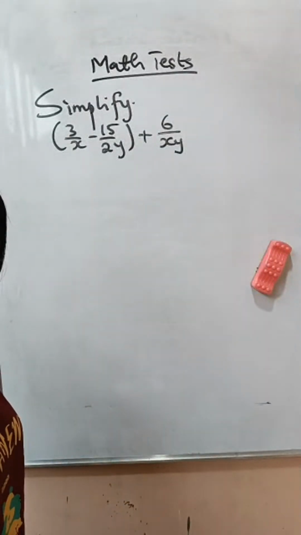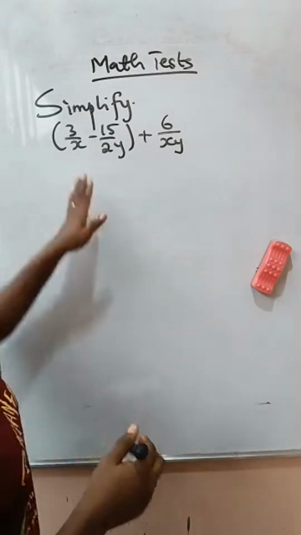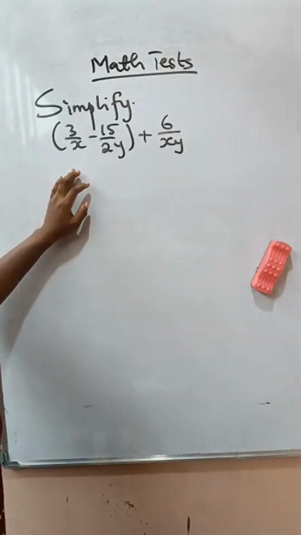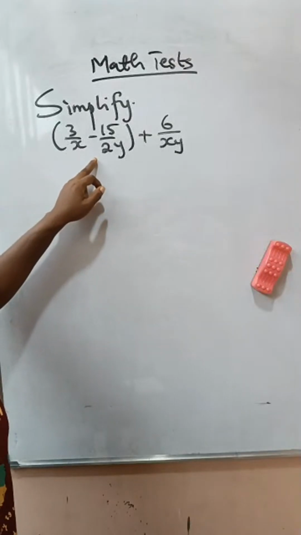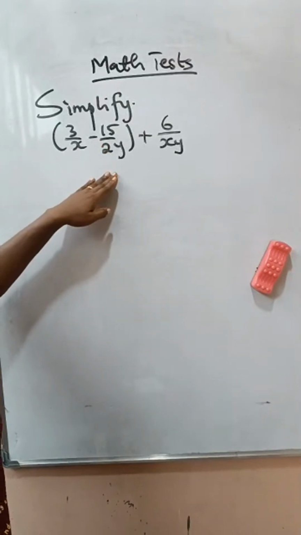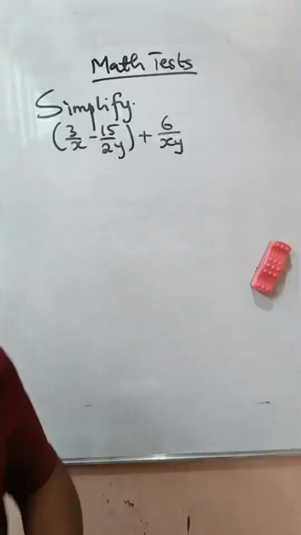The question is that we should simplify 3 over x minus 15 over 2y, divided by 6 over xy.